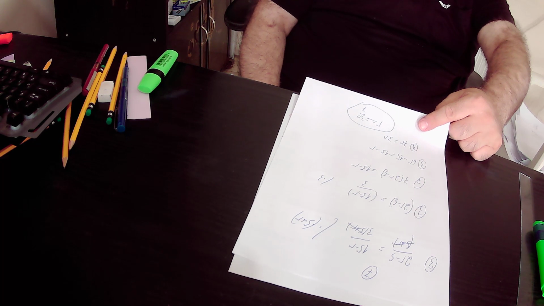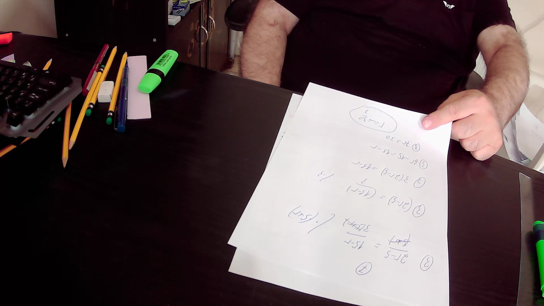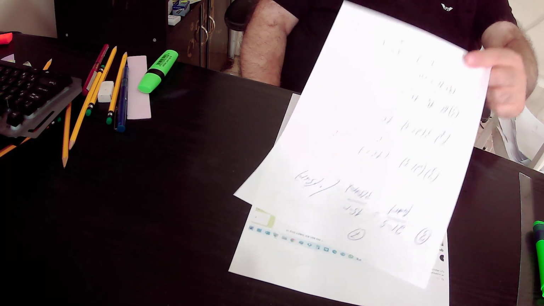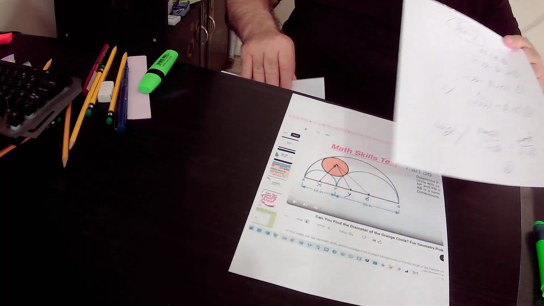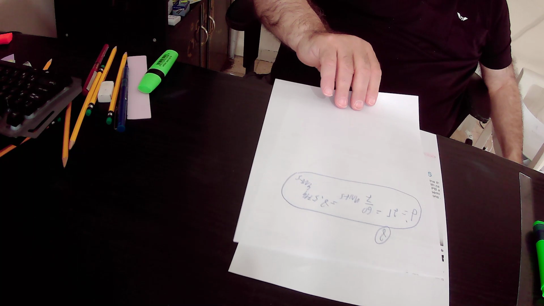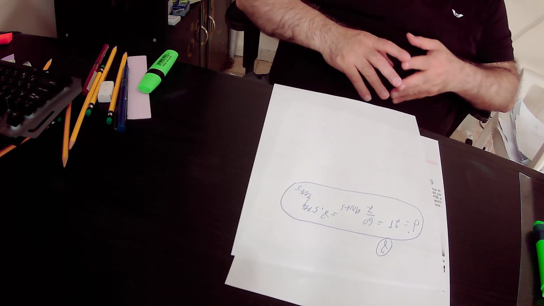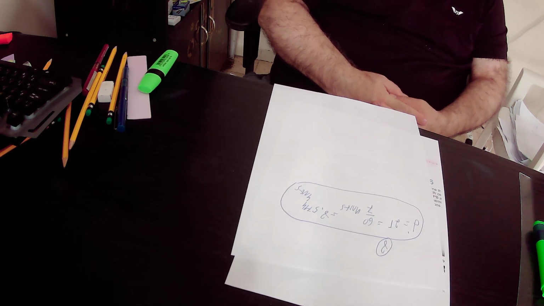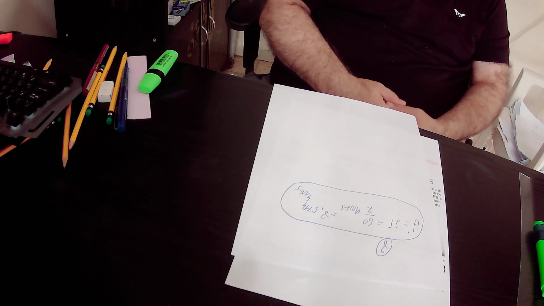And if the radius of the orange circle is equal to 30 over 7, then the diameter must be twice as large as the radius. That is to say, it will be 60 over 7 units.